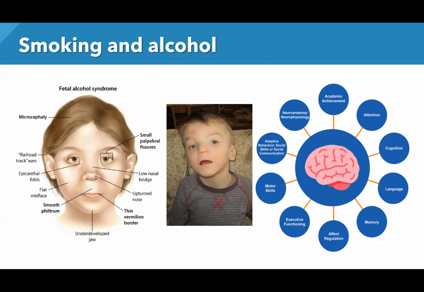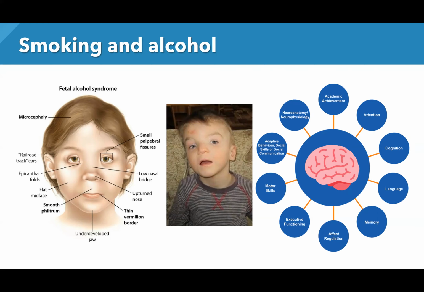We can see from the diagram on the left that there are many physical abnormalities that can occur, which includes changes to the eyes and the shape of the nose, and undeveloped jaws and ears as well. And we can see on the right that there are several abnormalities which will occur in the brain itself, which can mean that children or people who are diagnosed with this syndrome will have difficulty learning and processing information.